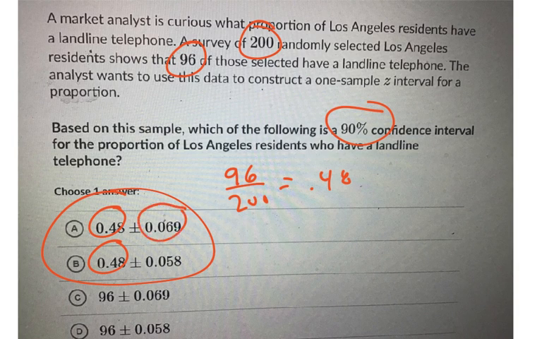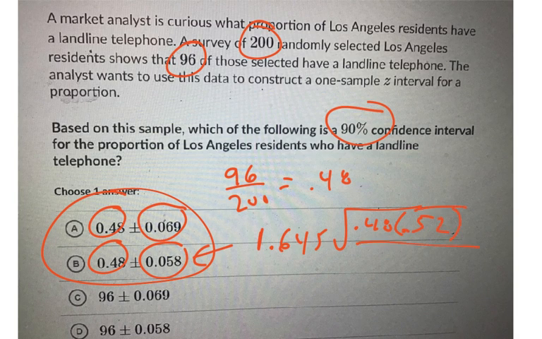How do we figure out this or this? Well, remember, this is our margin of error. For 90%, we should remember it's 1.645 times the square root of our p times our 1 minus p divided by n, so that's 0.48 times 0.52, and our sample size was 200.